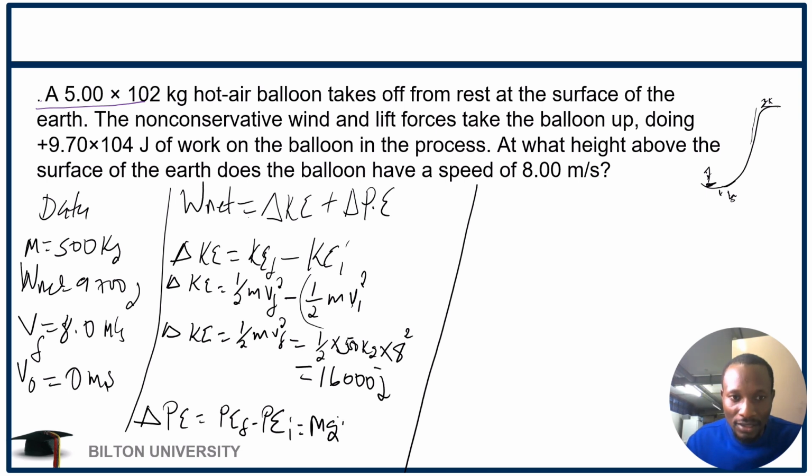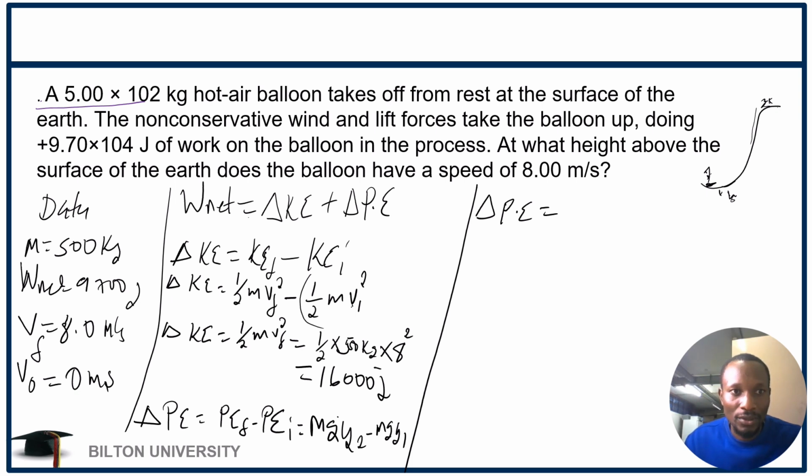So in this case it is m g y2 minus m g y1, where y1 is the initial height. Now if we proceed, for the change in potential energy, you realize that at point 1 it was at the ground level, so the height there was equal to 0, right?